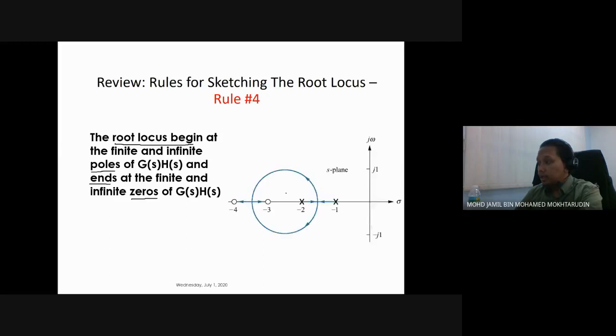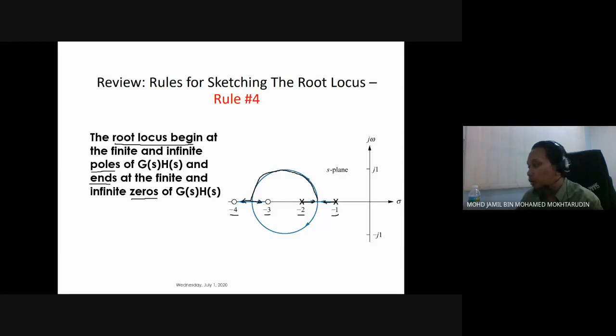So for example, let's say you have poles at -1, -2, and then your zeros are at -3 and -4. When you sketch your root locus, you need to know that it will start at poles, and somehow it will travel, or you will sketch it such that it goes back to the zeros.